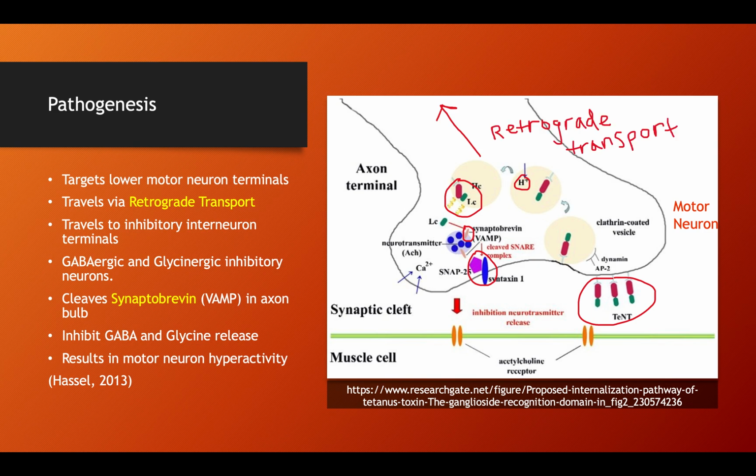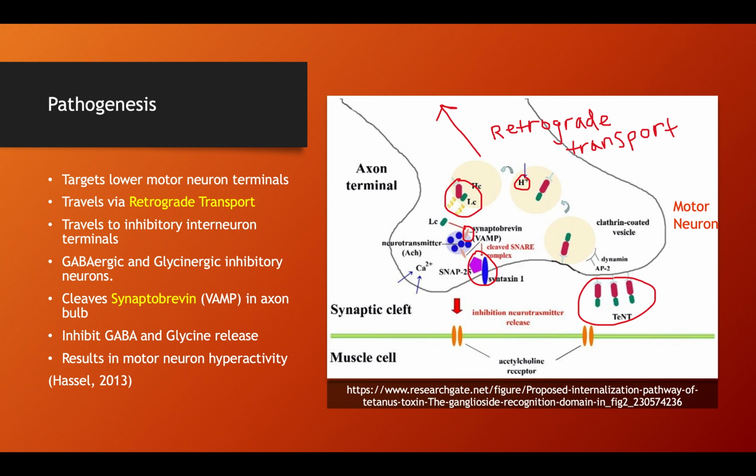Once it goes to the interneuron, it's going to do the same thing. It's going to target that protein, the VAMP protein, in a vesicle. But in the interneuron, there are going to be different neurotransmitters, and those neurotransmitters are called GABA and glycine.